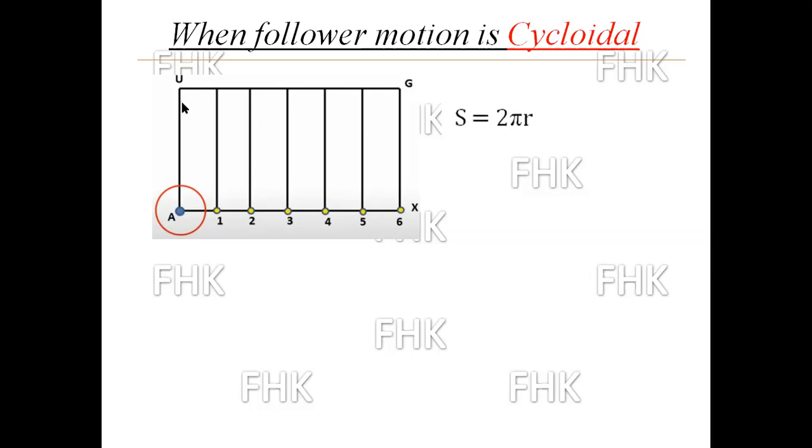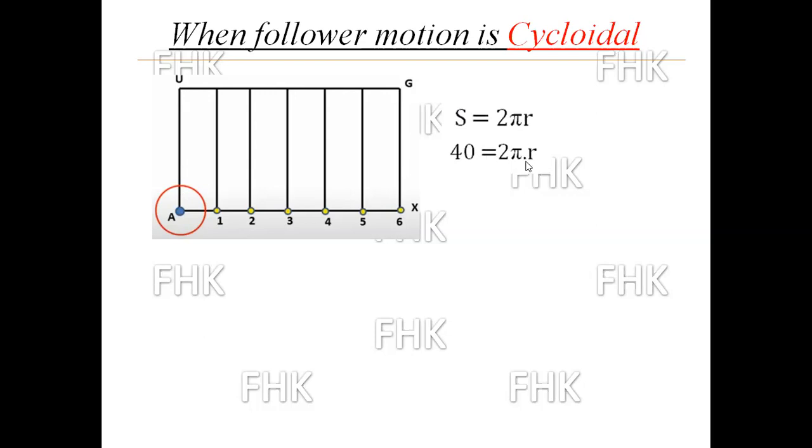Whatever distance is given in the problem statement, that I have to take as S. So in this problem statement, the S which I have plotted on the y-axis is given as 40 mm. So I will put that 40 mm in place of S, that is the displacement, rise or lift of the follower, 40 mm is equal to 2 pi r.